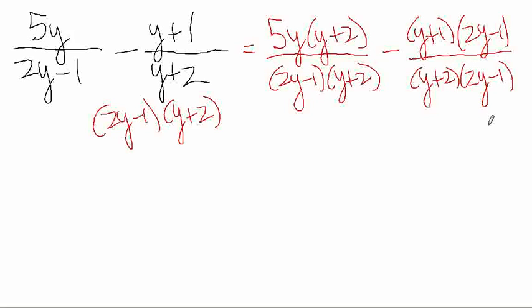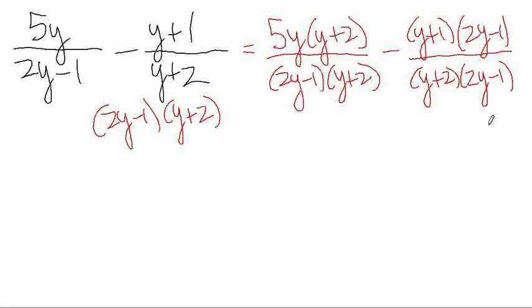Okay, now let me check things over. So the first red rational expression, I multiply the top and bottom by y plus 2. The second red rational expression comes from multiplying the second black rational expression's top and bottom by 2y minus 1.